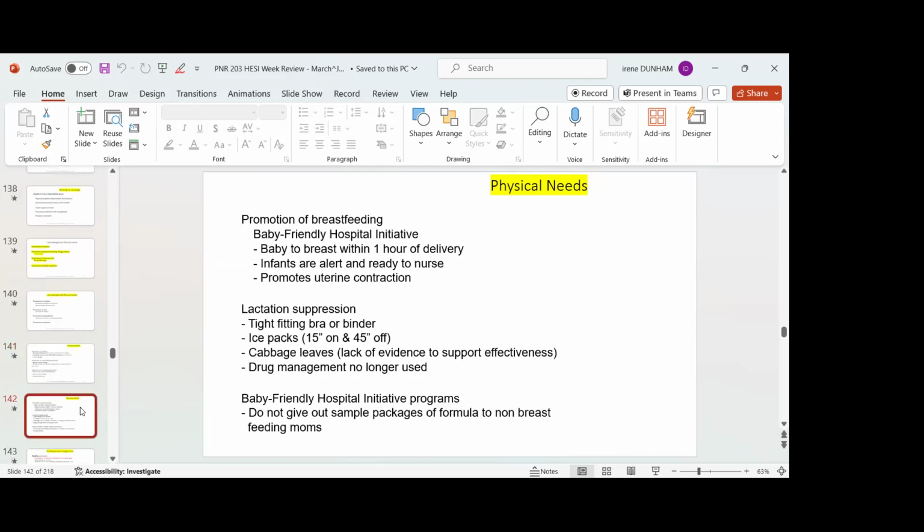We go over breastfeeding, promotion of breastfeeding. If they are breastfeeding, they will have more uterine contractions. They get back in their skinny jeans a lot sooner because breastfeeding, remember, produces more oxytocin. Therefore, her involution process goes faster.